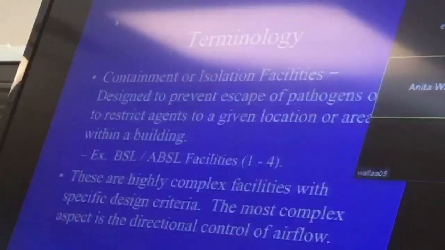BSL-3 facilities or ABSL-3, now the A there means animal. It's important to note that within a biosafety environment, if you're working with tissue culture, there's one degree of risk. As soon as you inject animals into that environment, you introduce the ability to be bitten or scratched, urine, feces, all of those things that add to the risk in that environment that must be considered.